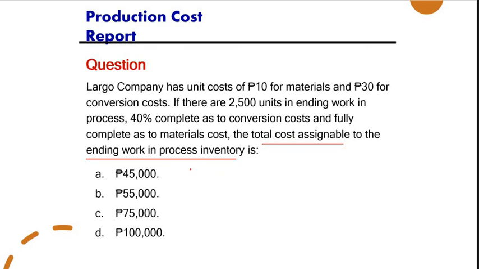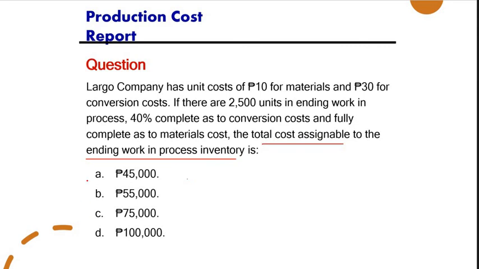Okay? So, I will be giving you 10 counts or 15 para matapos ninyo before natin ipakita kung ano yung tamang sagot. Okay? 10, 9, 8, 7, 6, 5, 4, 3, 2, 1.